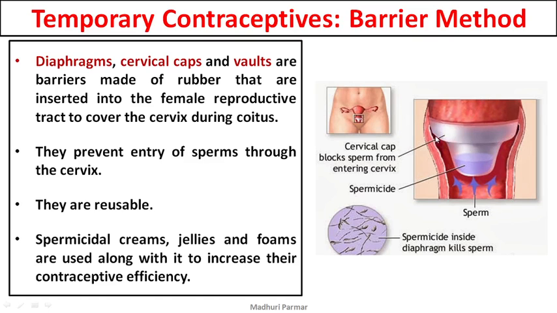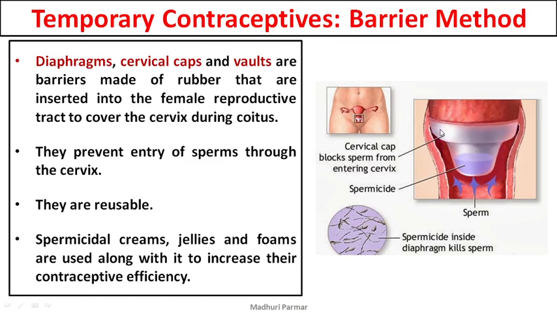If you insert such a cervical cap, the cervix will be covered with this cap. More often than not these caps are also filled with some spermicide. So even if ejaculation takes place, the sperm will not be able to enter the cervix, and it will come across this spermicide, and that is how it will kill the sperm.